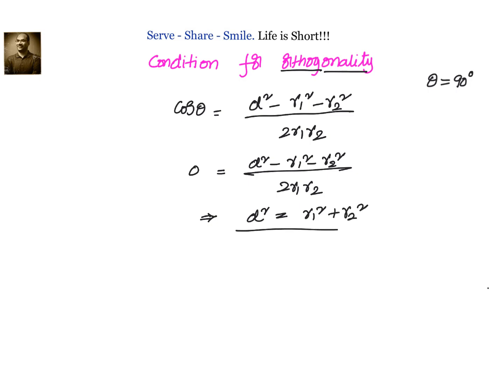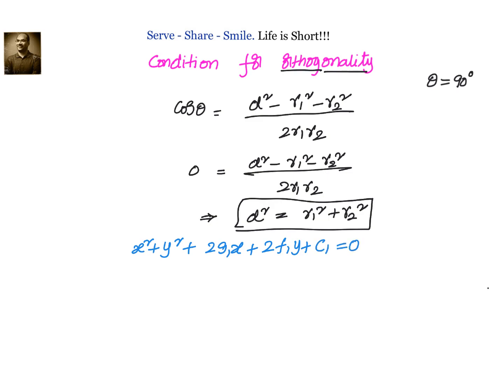Now let us see, can we simplify this by taking two circles and see what will be the condition for orthogonality. Now let's take two circles. One circle is x square plus y square plus 2g1x plus 2f1y plus c1 equals to 0.